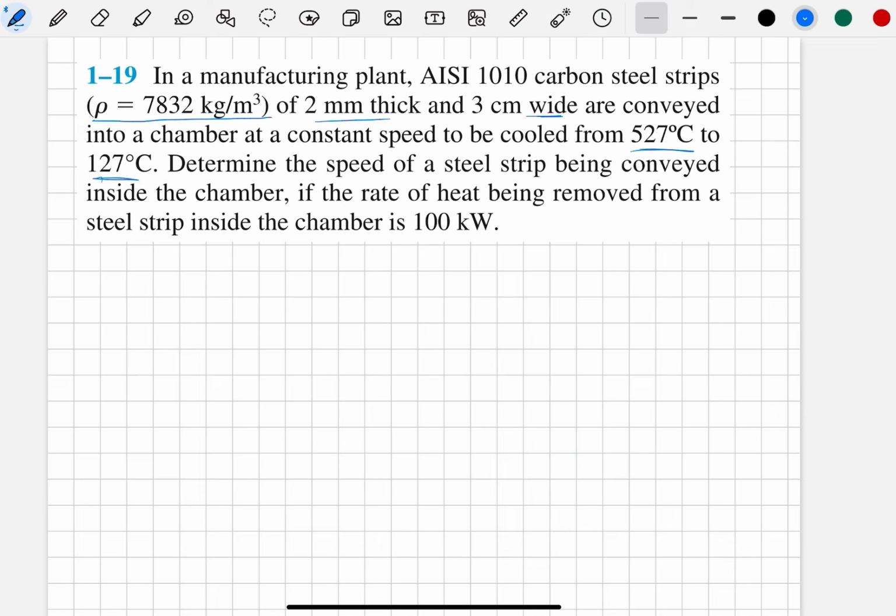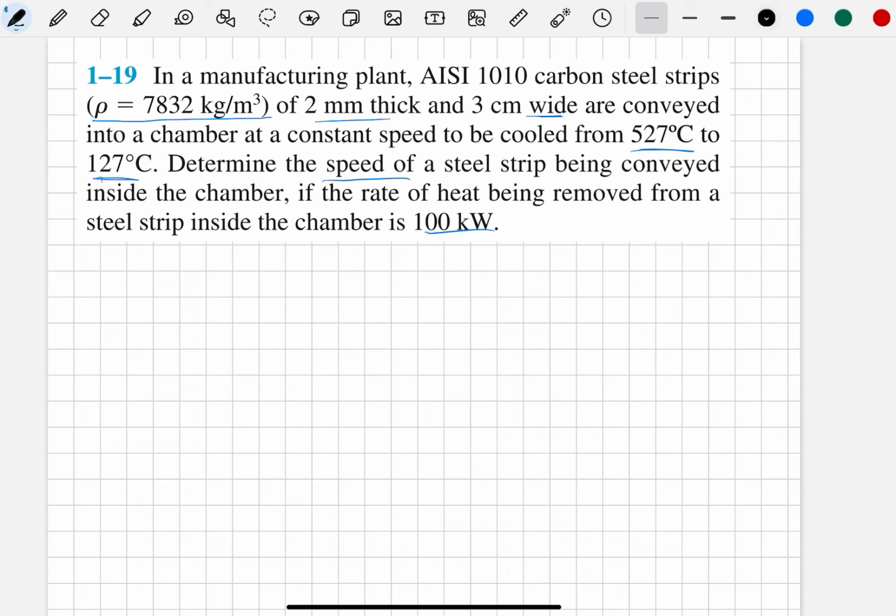What they want us to find is the speed of the steel as it is going through this chamber. They also give us the rate of heat transfer being removed from this steel strip, which is 100 kilowatts.